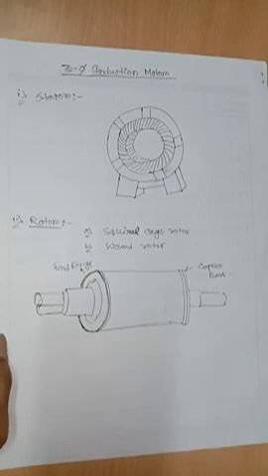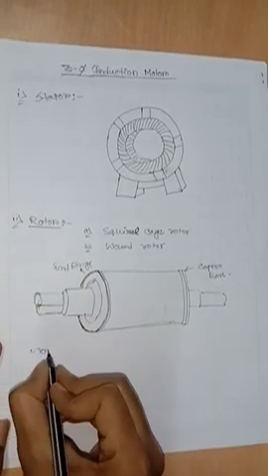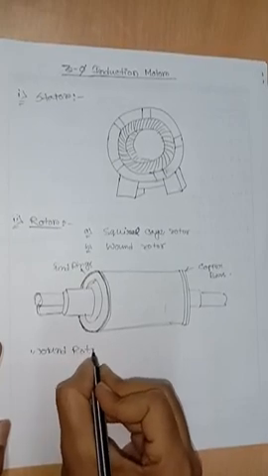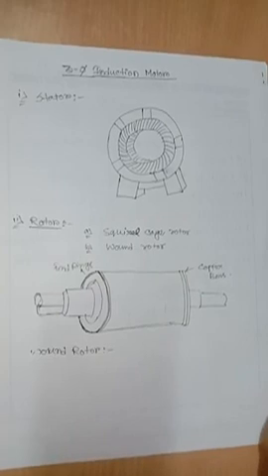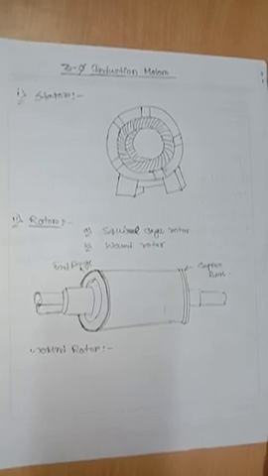Now we describe the wound rotor. It generally consists of a cylindrical core and carries a three-phase winding similar to that of the stator, and the rotor winding is uniformly distributed in the slots, and usually it is star connected.